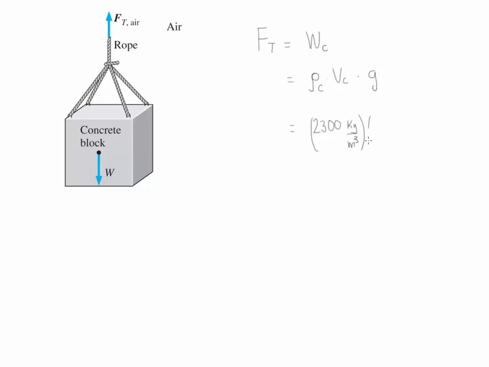The volume of the concrete is equal to 0.4 times 0.4 times 3 meters, which is equivalent to 0.48 meter cubed, and gravity is equal to 9.81 meters per second squared. Therefore, the tension in the rope is going to be equal to 10.8 kilonewtons.